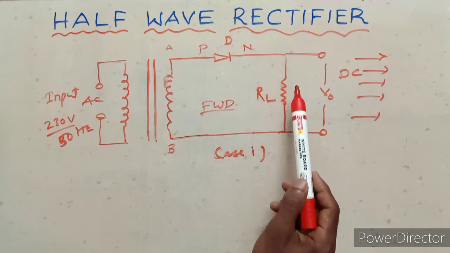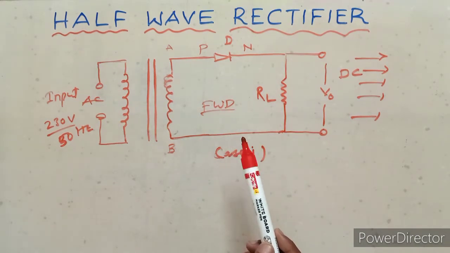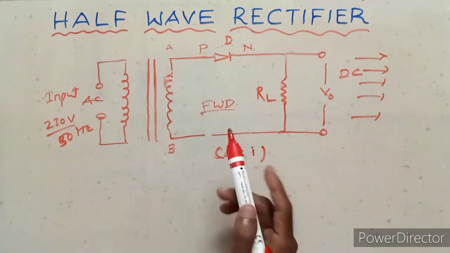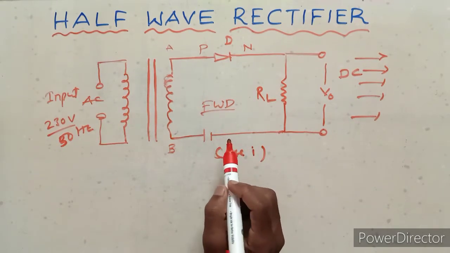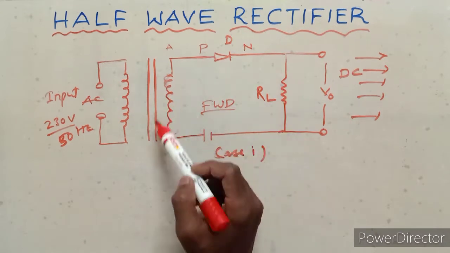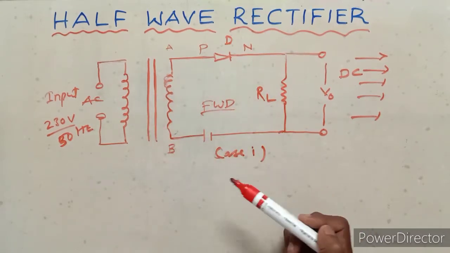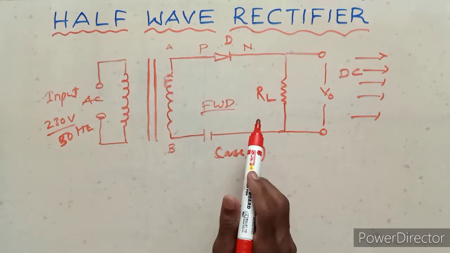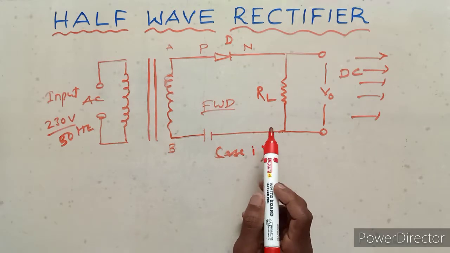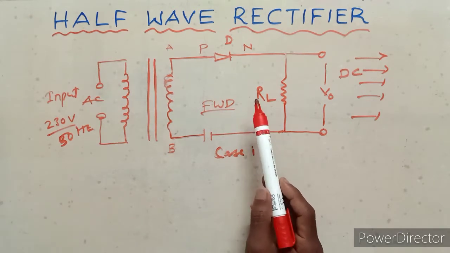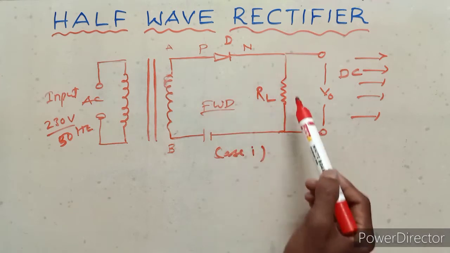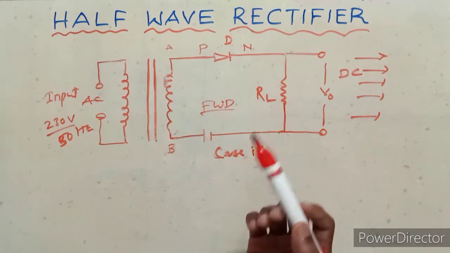N type of semiconductor is connected to the negative terminal of the battery. So this is the pure connection. So in this case, the potential is the positive potential. Current flows through the resistor.